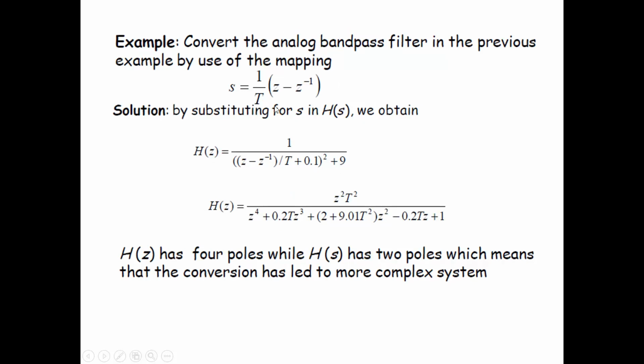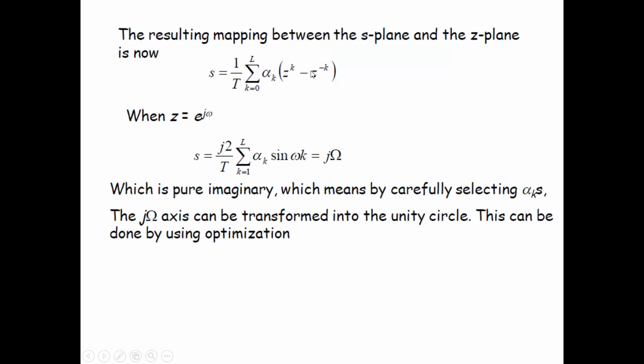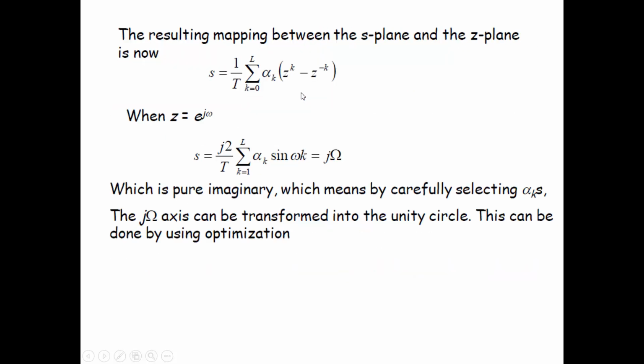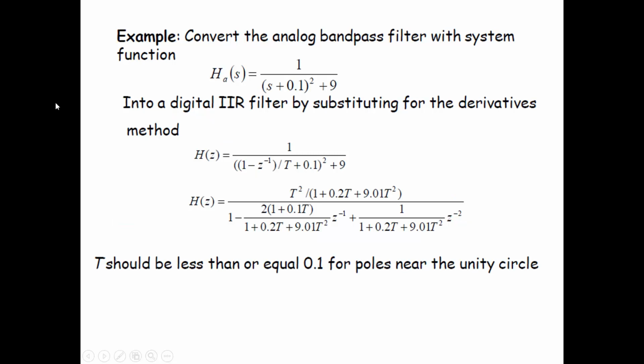Now let's take one more example. We have to convert the analog bandpass filter in the previous example by the use of the modified mapping we proposed. This is the transfer function of the bandpass filter given.